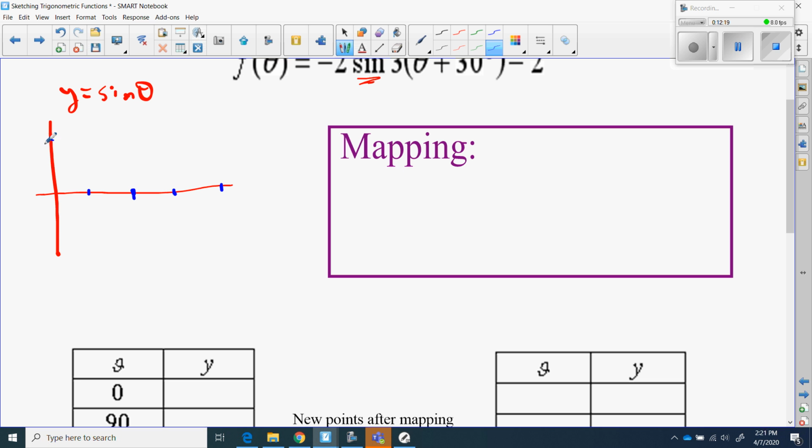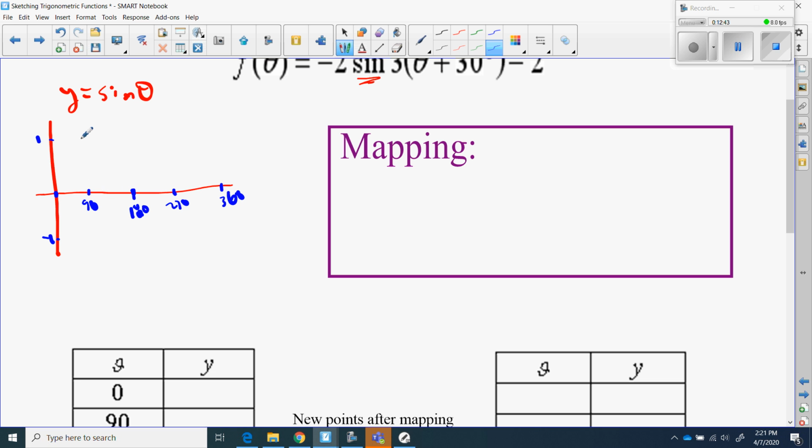Put your highest point up here, which is 1 right now, and your lowest point of a sine wave is -1. And then there's 0, this is 90, this is 180, this is 270, and this is 360. And I know that the sine of 0 degrees is 0.